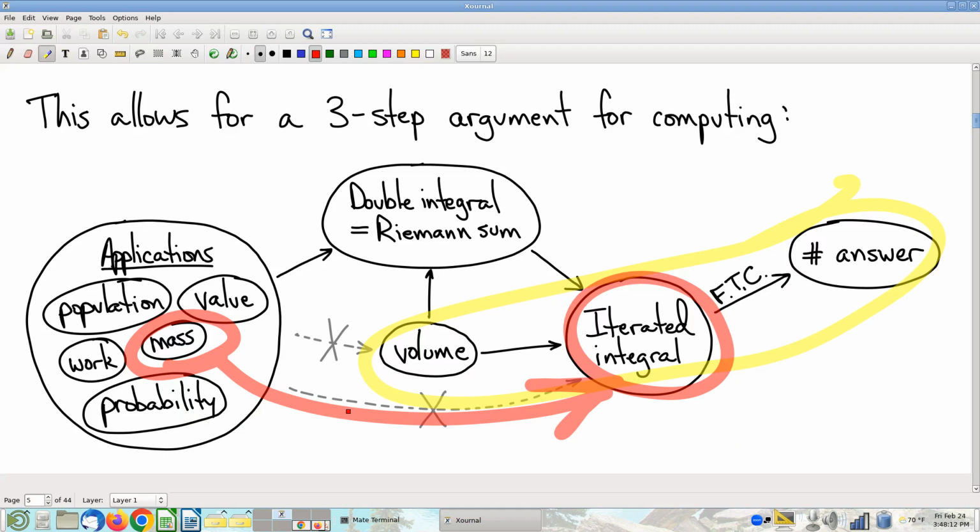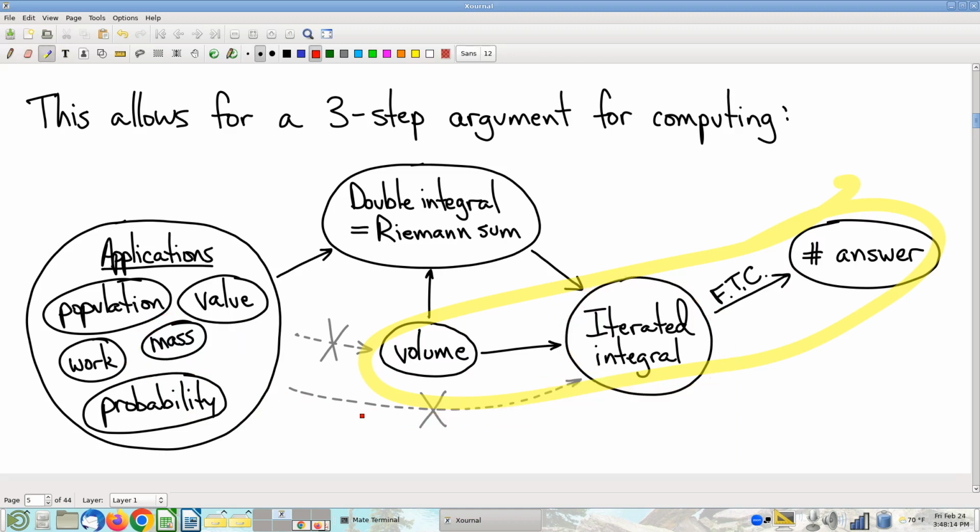Okay, so with the understanding that you can't do either of these connections, we're stuck until we create, as we just did, the idea of a double integral. We then argued that double integrals can compute volume. We recall that we had previously seen that iterated integrals compute volume. I then pointed out it was going to be valuable that double integrals are therefore equal to iterated integrals. And now we're in business.